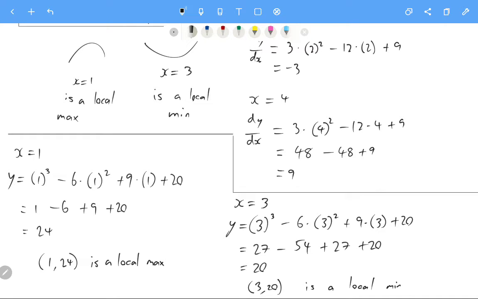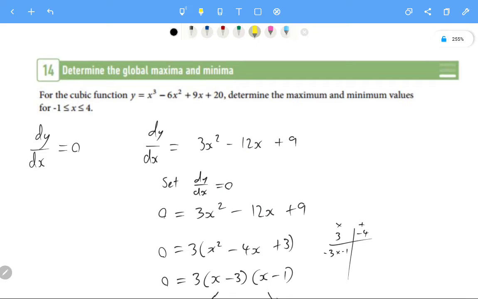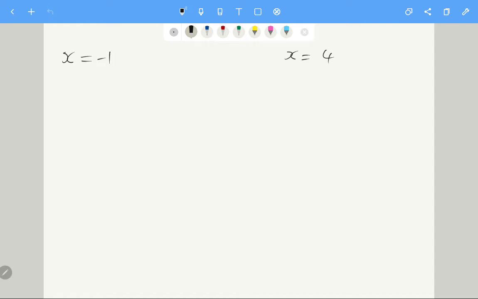The only thing we've got to check now is the endpoints. So for the function defined, the two endpoints are minus 1 and 4, so we just need to check those now. We've got x equals minus 1 and x equals 4. Let's find out what y equals.